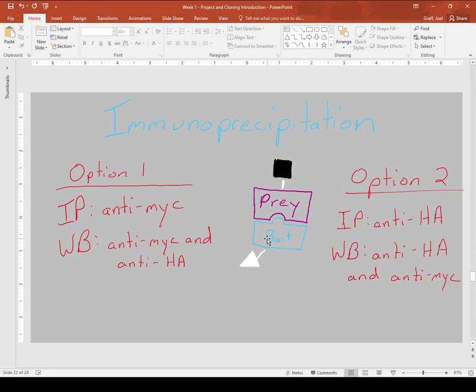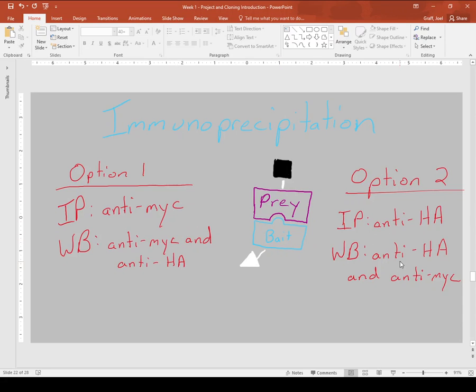If the bait was interacting with anything, it will pull that thing, hopefully the prey protein, out of solution, and then the prey protein has the HA tag with it. So we pull that all out of solution, we run it on a gel and do a Western blot, and we look for the MYC tag to make sure that we pulled down the bait protein, and we look for the HA tag to see if the prey protein came down with the bait protein.